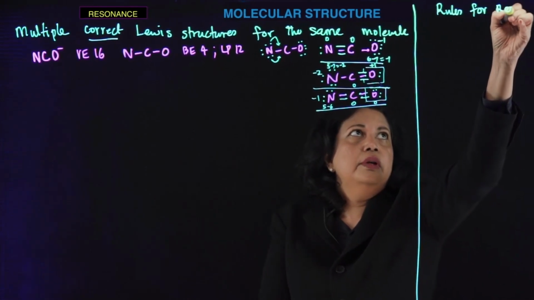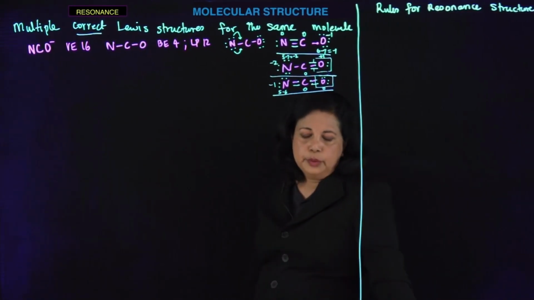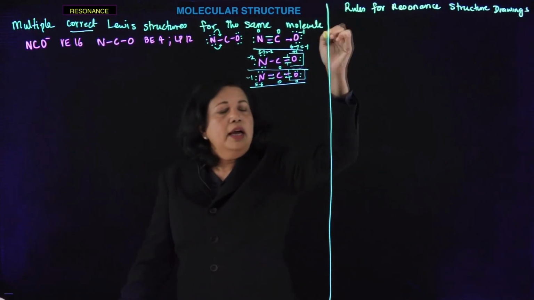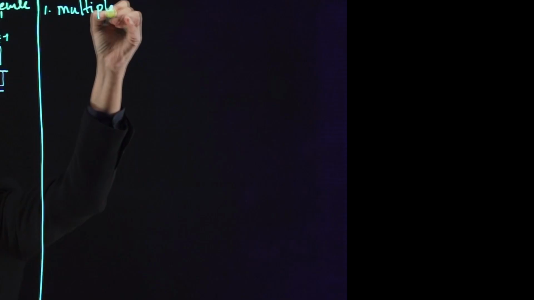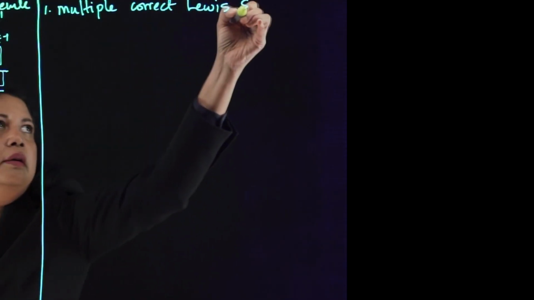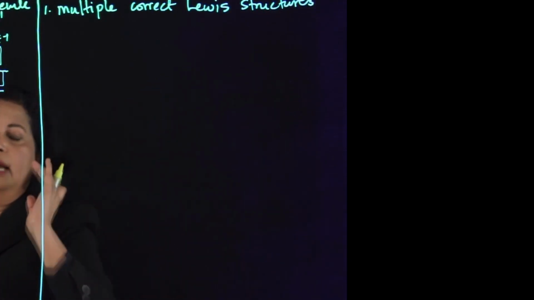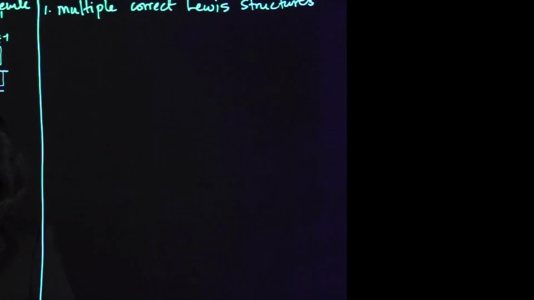I'm going to write this as we go along, because that way you'll understand what I mean by these rules. An actual structure has multiple correct Lewis structures. Mostly they'll have octets. Sometimes you may have a carbocation, which means you don't have an octet.